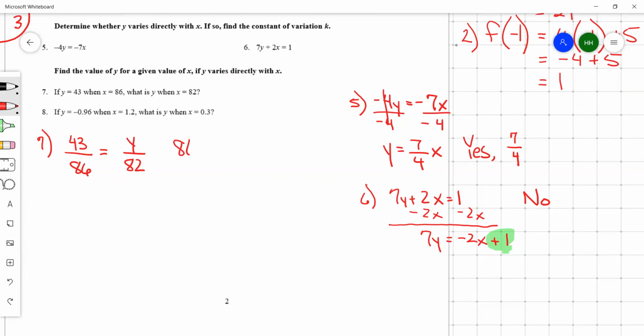So 86y equals 43 times 82, 3526. And then divide both sides by 86. And y equals 41.